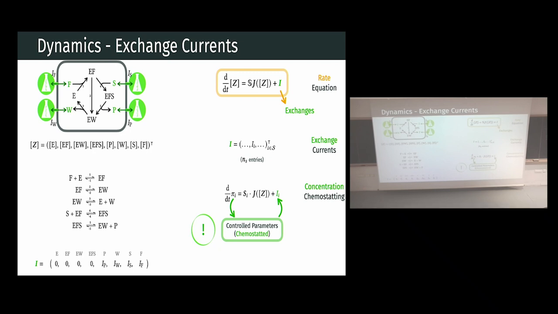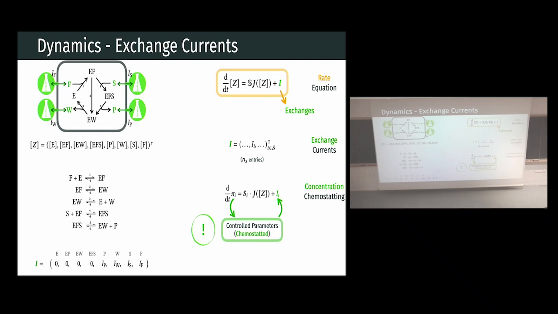There are different ways to think about that, but we are gonna assume that the environment is controlling the concentrations of the species that are exchanged. Say the concentrations must be equal to a certain value pi_i. Okay, we are thinking that the environment is controlling those concentrations, like the abundance of glucose. Okay, like the pressure of CO2, things like that.